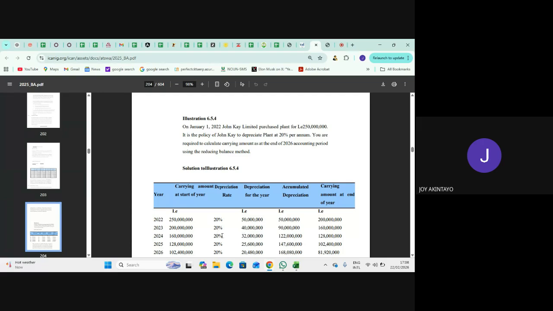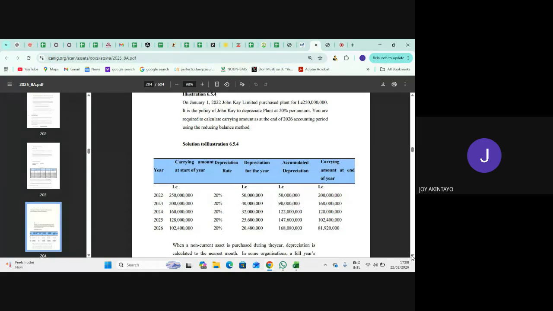You apply 20%, giving you 32 million. Then minus your 32 million from 160. It will give you the balance at the end of the period. Like that, till you get to year 5. Now this is the value for year 5 at the end of the period. Hope you get that.